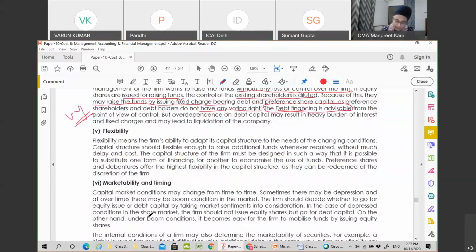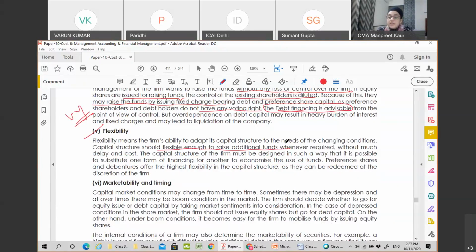Next is the flexibility. Flexibility means the capital structure should be flexible to raise the additional funds whenever required. हमें additional funds चाहिए. The capital structure should be flexible without much delay and cost.